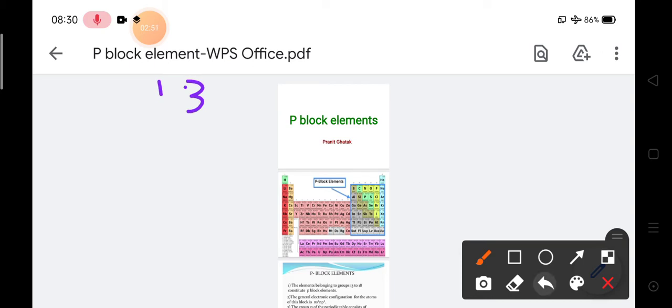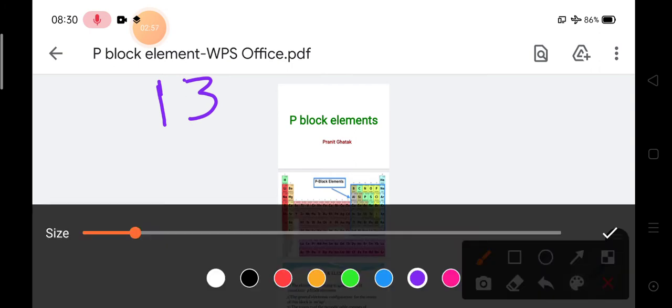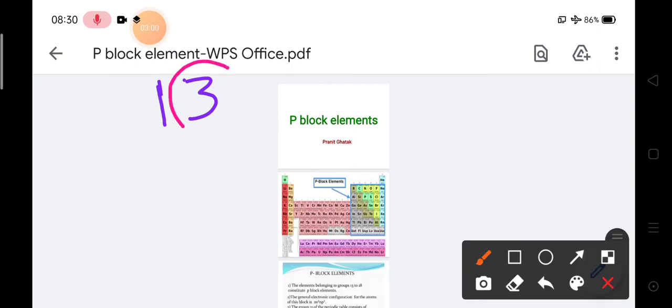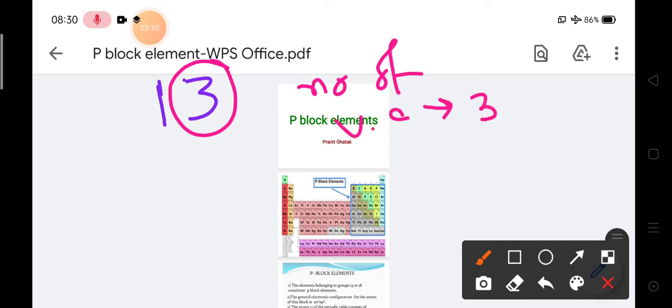So what is the last digit? The last digit is 3, right? So the number of valence electrons will be 3. And as you know, group number 13 exists in the P block.